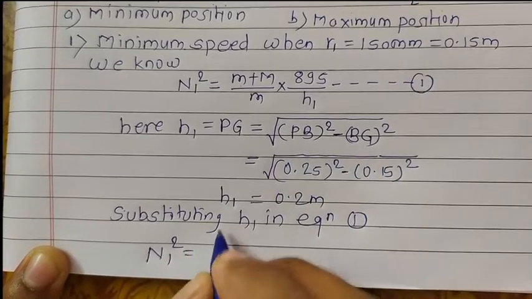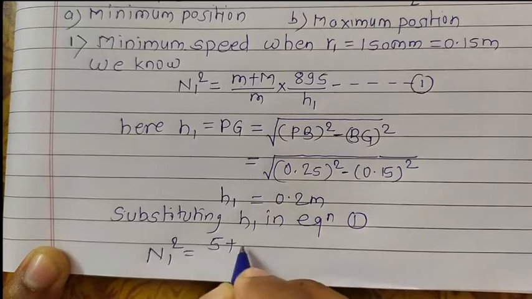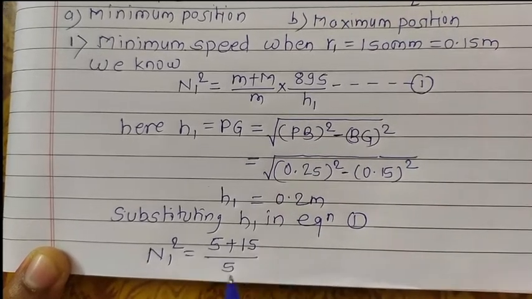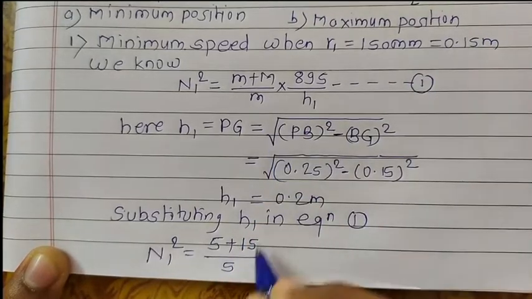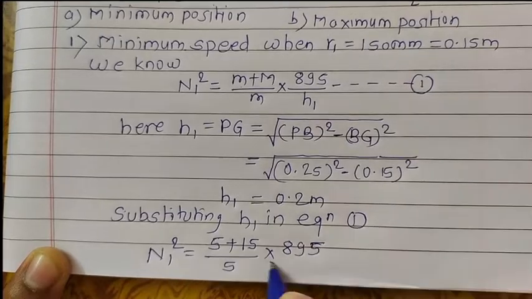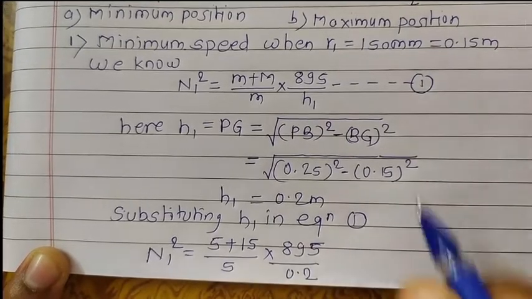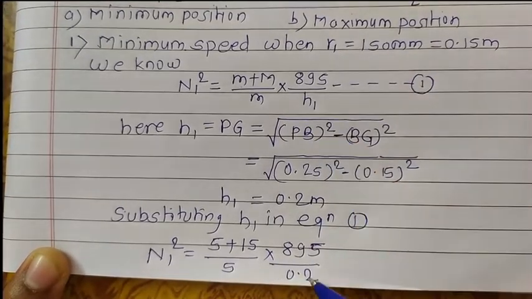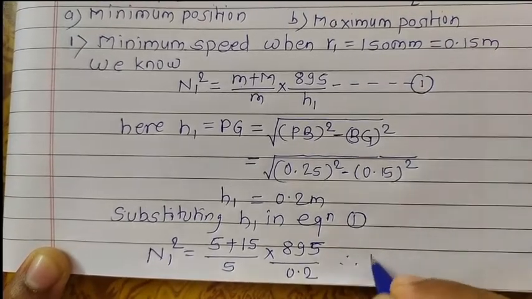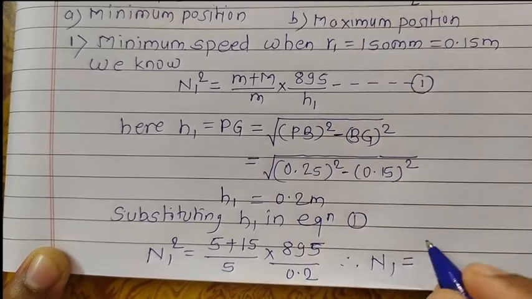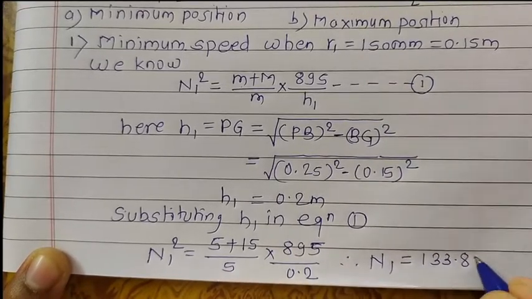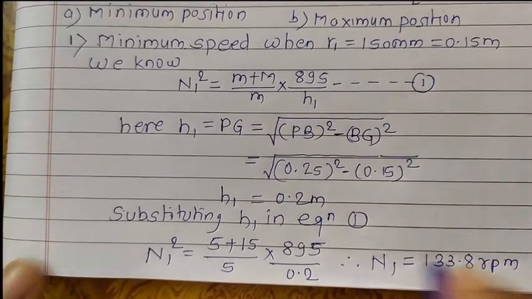So small m is 5 kilogram, capital M is 15 kilogram, again small m is 5 kilogram, 895 divided by this h1, which is 0.2, therefore we get N1 equals 133.8 rpm.